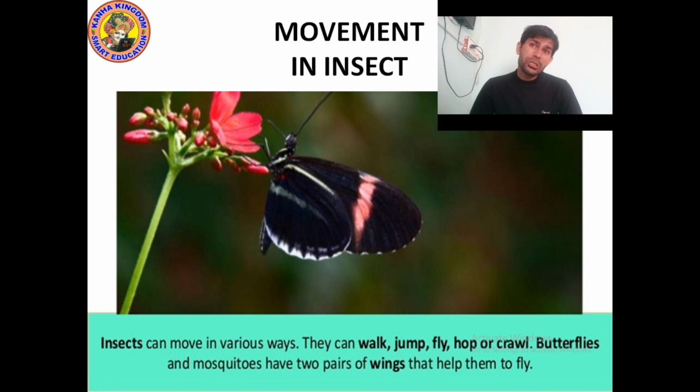So you can see the picture of a butterfly. How does a butterfly fly? We know that butterflies have a pair of wings, which help them to fly. Butterflies and mosquitoes have wings which help them to fly.